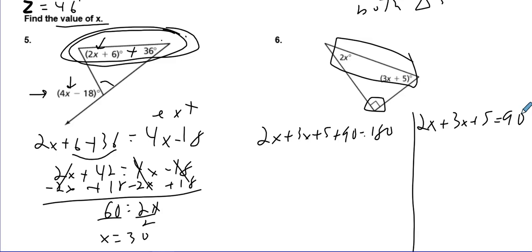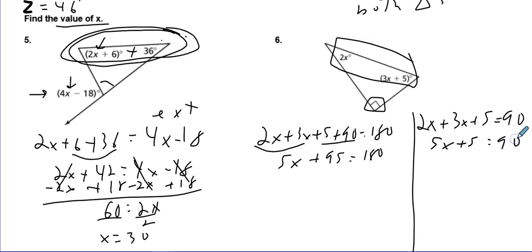Okay, so on this side, I'm going to join like terms and get 5x plus 95 equals 180. Over here, I'm going to get 5x plus 5 equals 90. When I subtract 95, I'm going to get 85.